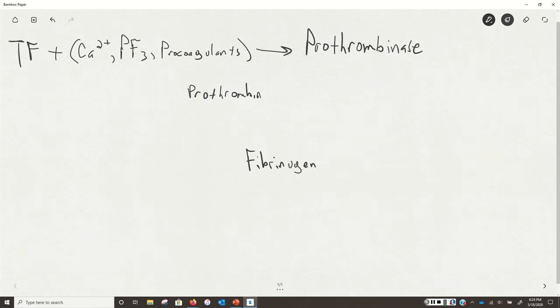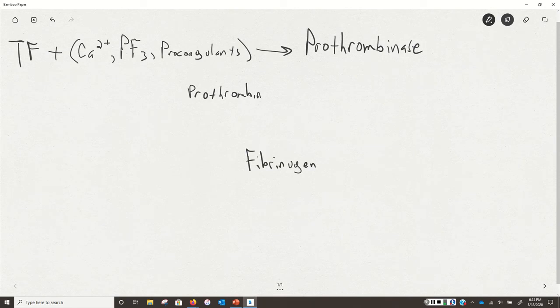Prothrombinase should only be there if tissue factor was there, and tissue factor should only be there if there was tissue damage. You've probably never heard of prothrombinase, but I bet you can tell me something about it. What's something you can think of about this? It's an enzyme.